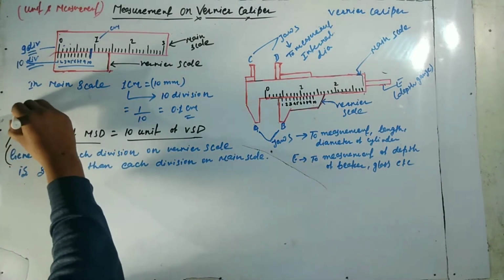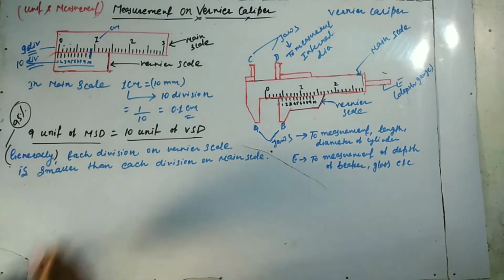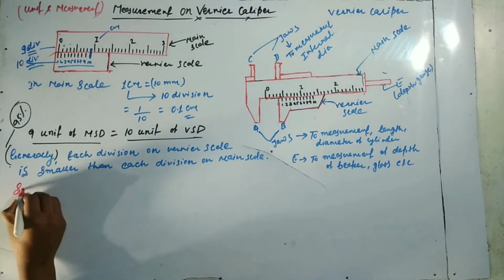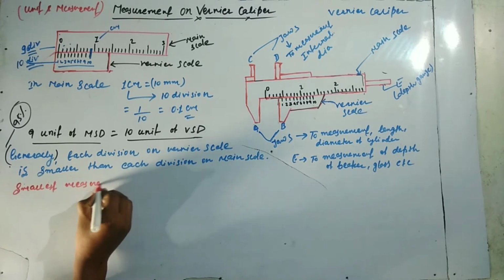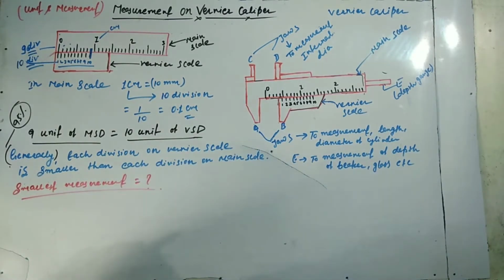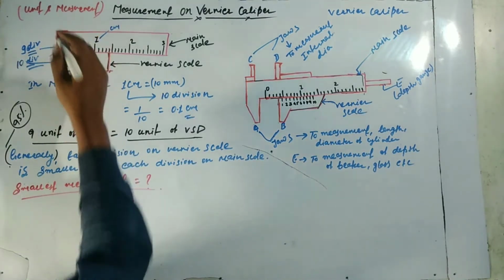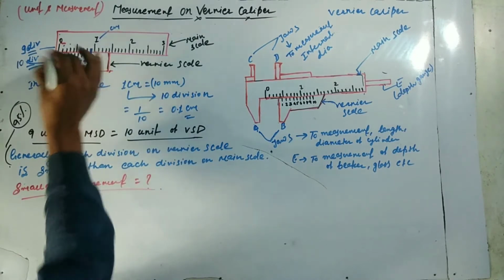Now, how will we measure with a Vernier caliper? So we take one small division. For the Vernier caliper, what is the smallest measurement? For this, we take one division of the main scale and one division of the Vernier scale.